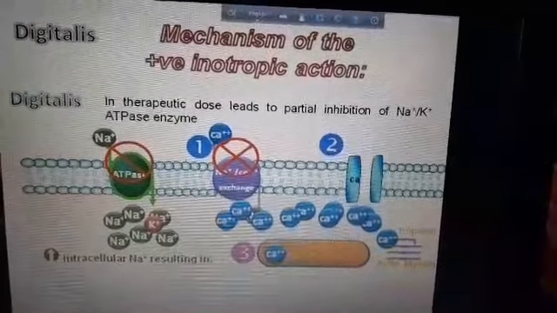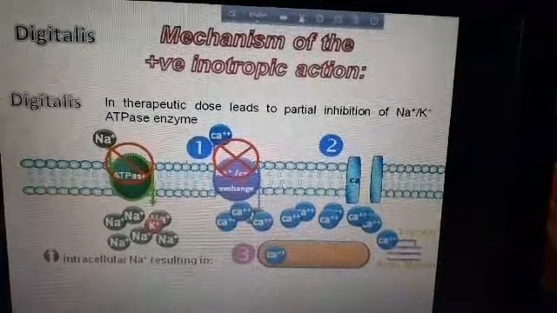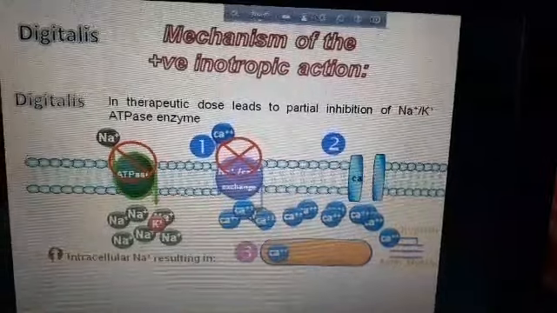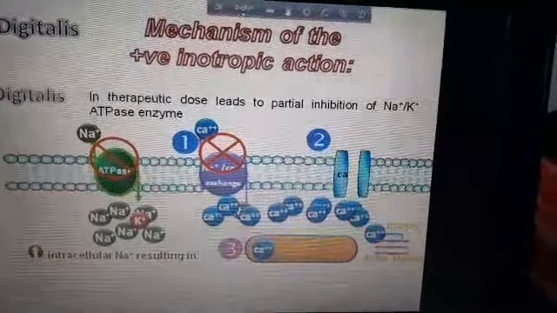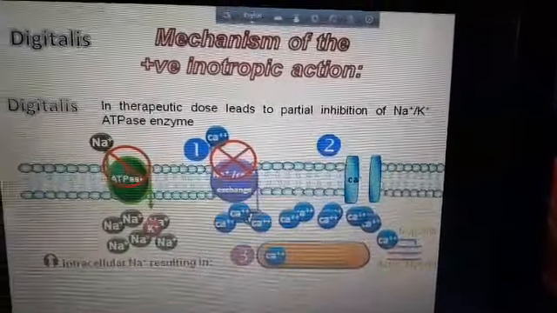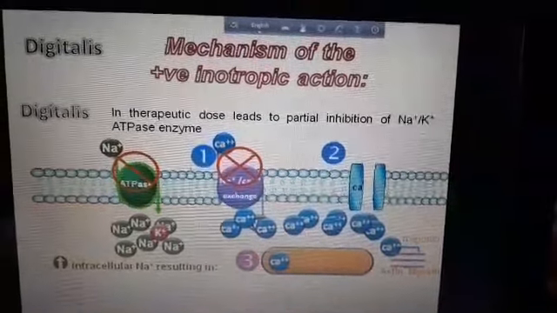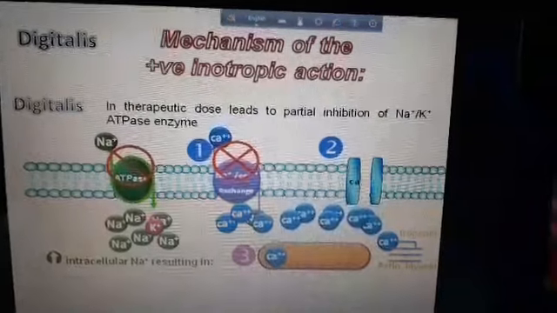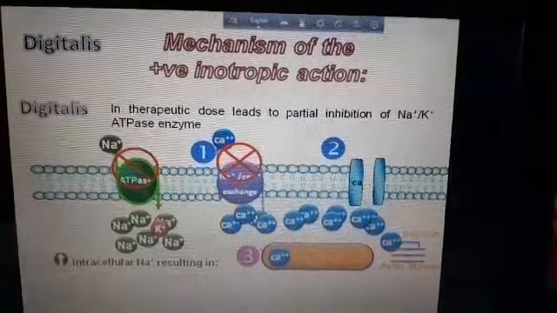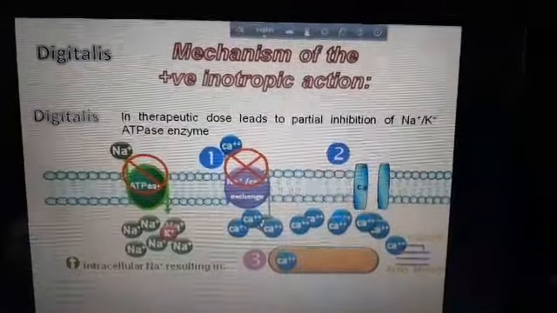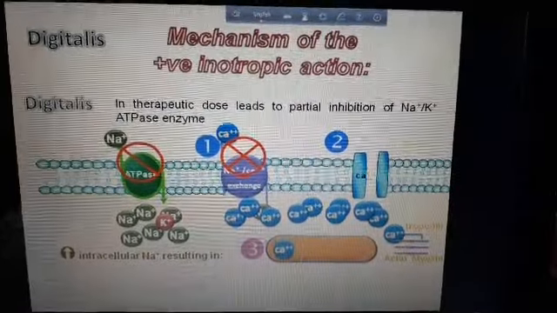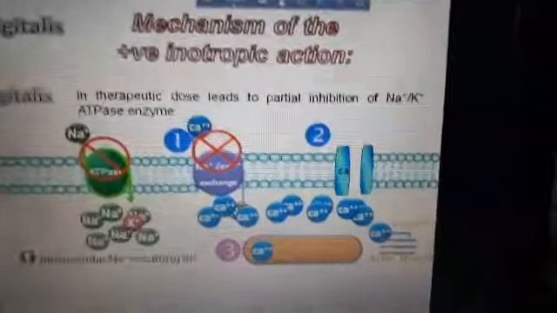So there are two receptors available in the sarcoplasmic reticulum. One is the ryanodine receptor, which causes calcium efflux from the sarcoplasmic reticulum to the cytoplasm. After the actin myosin interaction is over, the SERCA channel will take up the excess remaining calcium back into the sarcoplasmic reticulum.